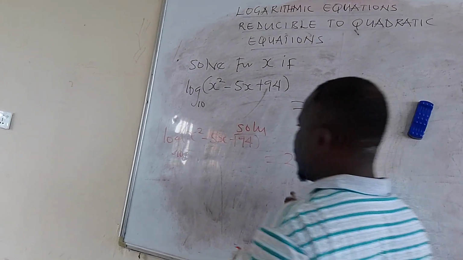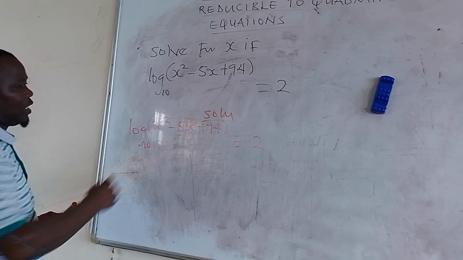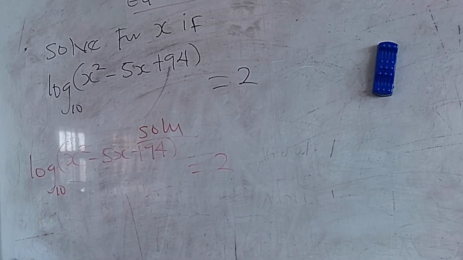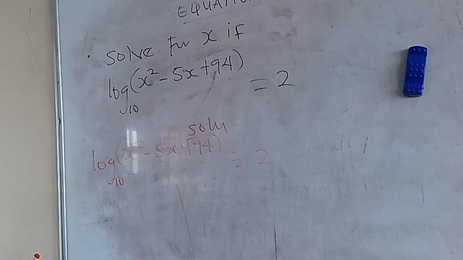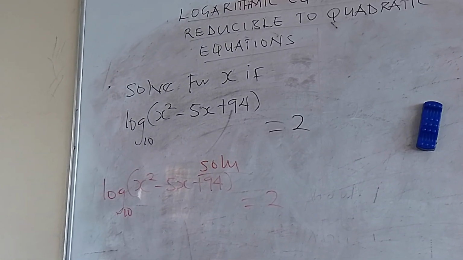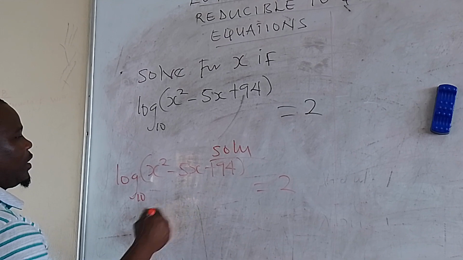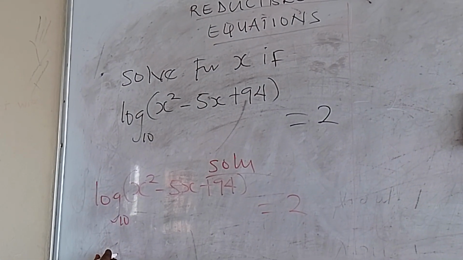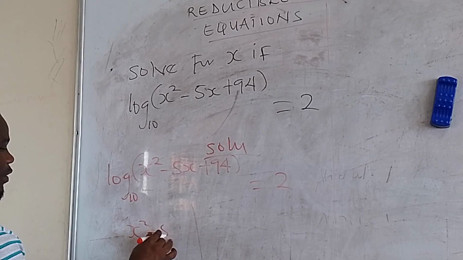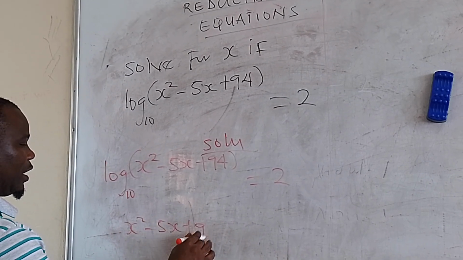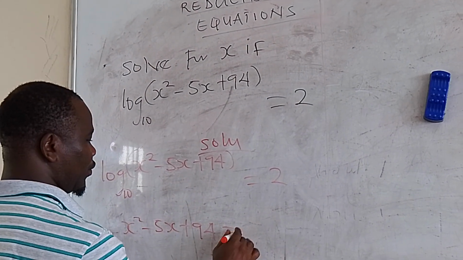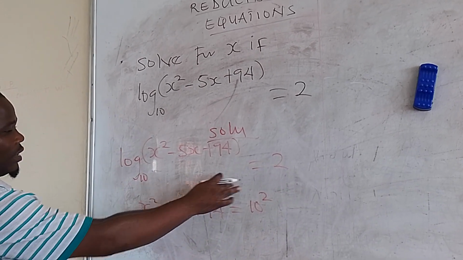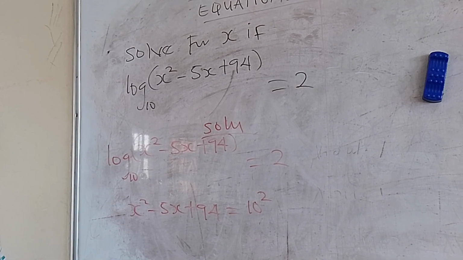At this point, what you need to do is take log on both sides. Since here the base is 10, take log of base 10 on both sides. It will now be x squared minus 5x plus 94 equals 10 raised to the power of 2, because of taking log of base 10 on both sides.